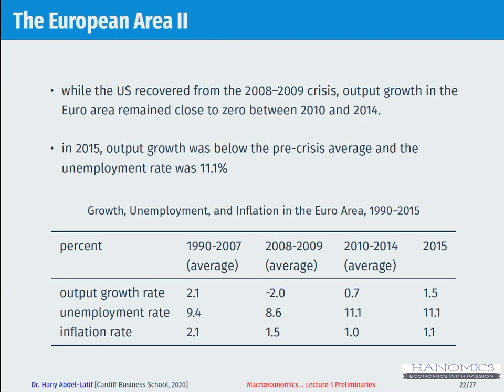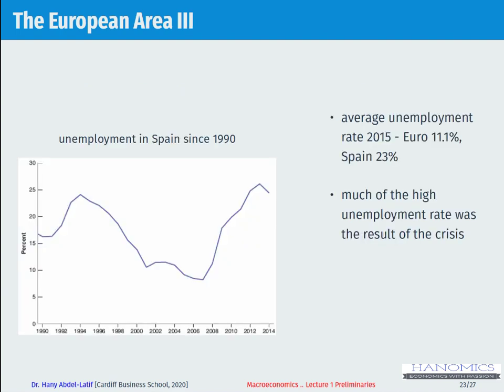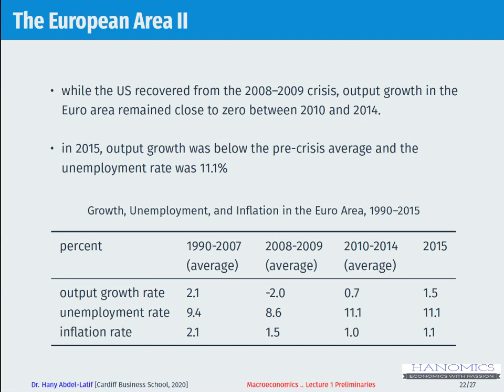When you look at the unemployment rate as well, you see again it's not doing great because it's actually above the level before the crisis. So the problem here is that the average, 11.1, is just an average.